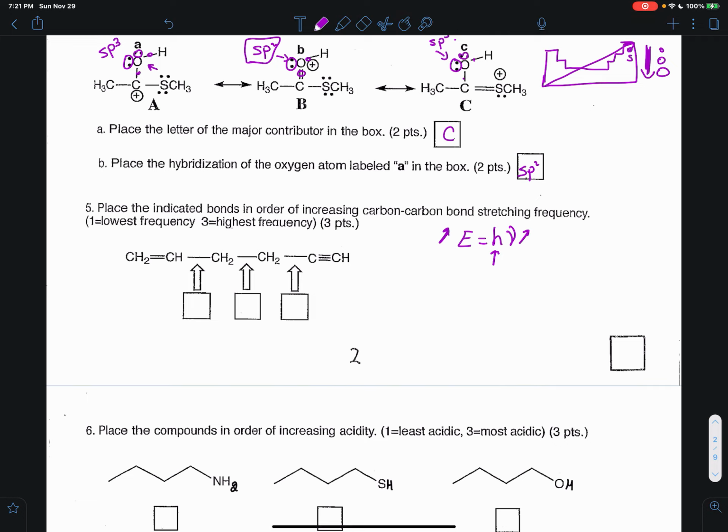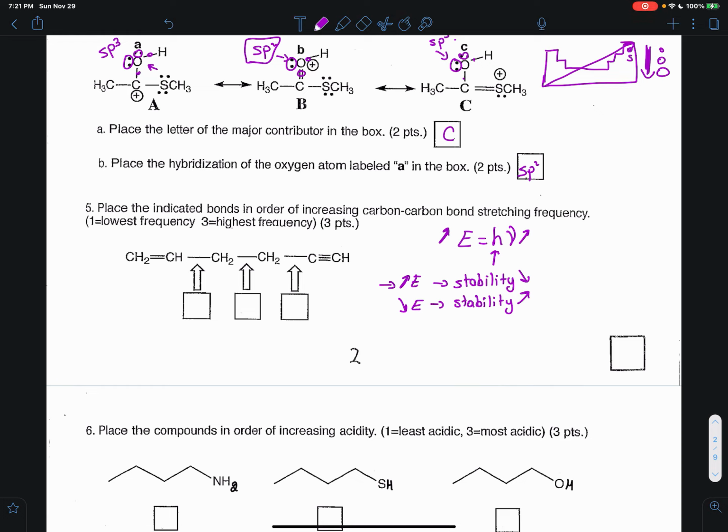And as we know in chemistry, as the energy increases, the stability decreases, and as the energy decreases, the stability increases. Just remember those trends, those are really important.